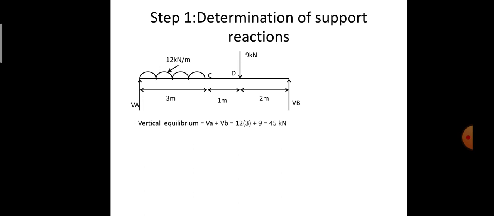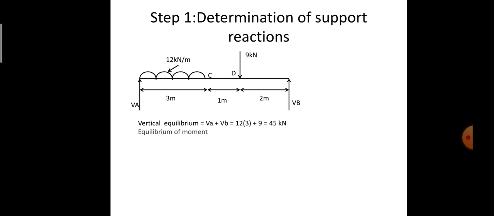So 12 is the magnitude and the span over which the UDL is acting is 3 meters. So 12 into 3 is the conversion of the UDL to the point load. So it is 12 into 3 plus 9, which comes to 45 kilonewton. So VA plus VB will be equal to 45 kilonewton.